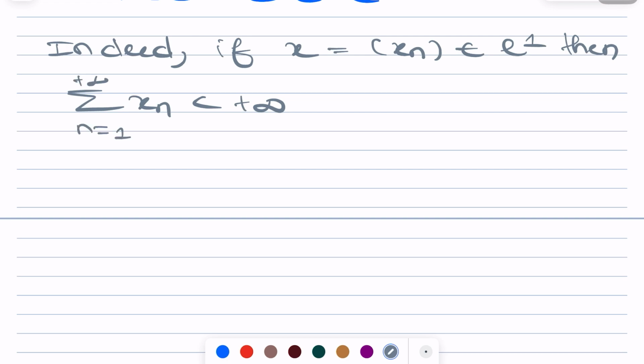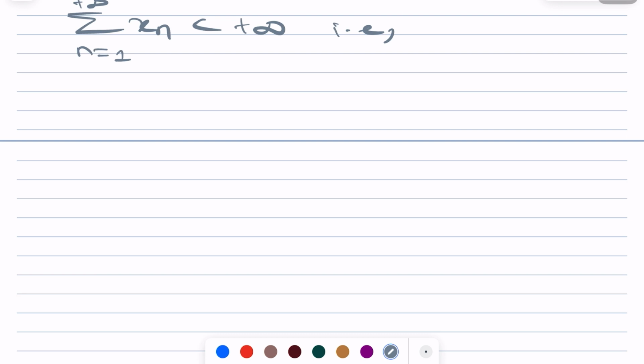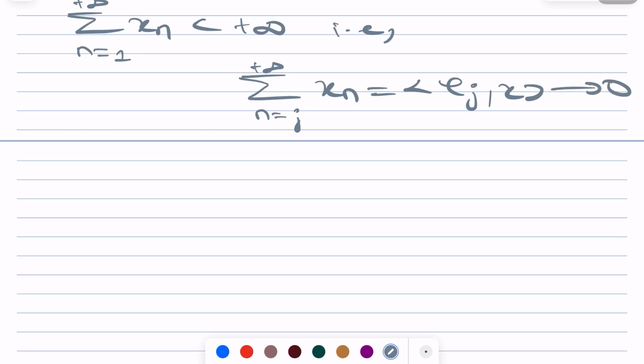We know that this series converges. So if the series converges, the tail of the series goes to 0. This sum from j to plus infinity of x_n corresponds exactly to the scalar product between phi_j and x. So this should go to 0 as j goes to plus infinity.